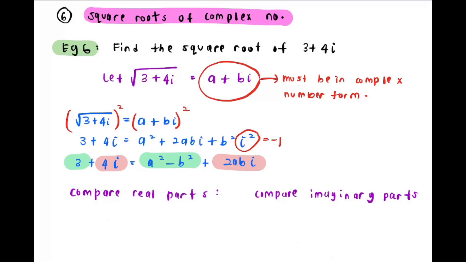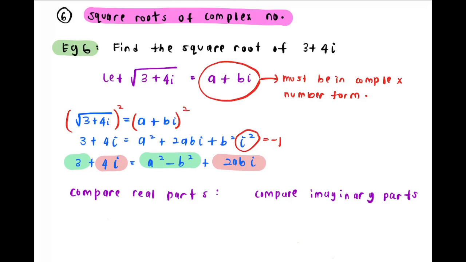Just take both sides with power of 2. On the left you can just cancel out, so it becomes 3 plus 4i. For the right hand side, you can just open up: square the first, 2 times, square the last. Whenever you see i squared, straight away change to minus 1.